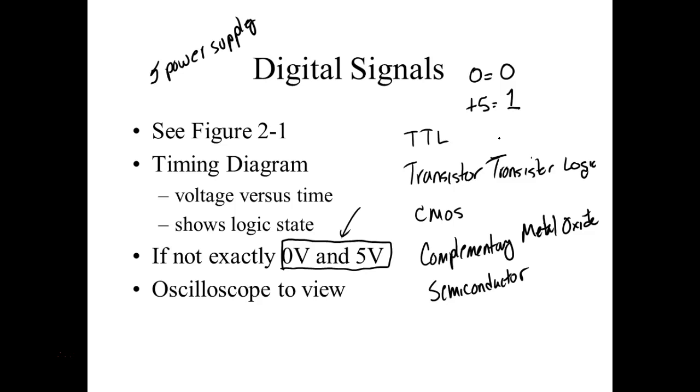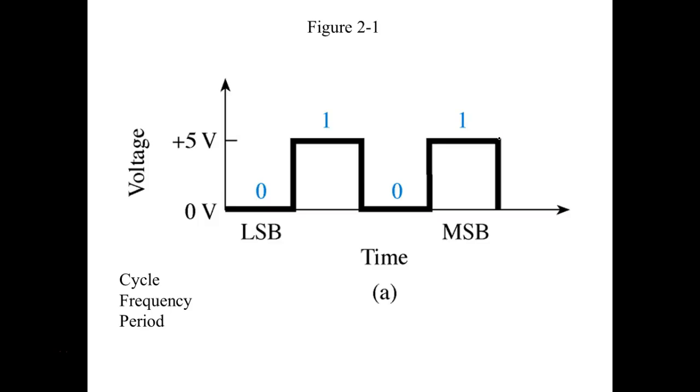We'll look at this on an oscilloscope, and we'll look at time. We're going to start off with what we call clock waveforms, something that happens repetitively, like this. This would be a repetitive waveform.